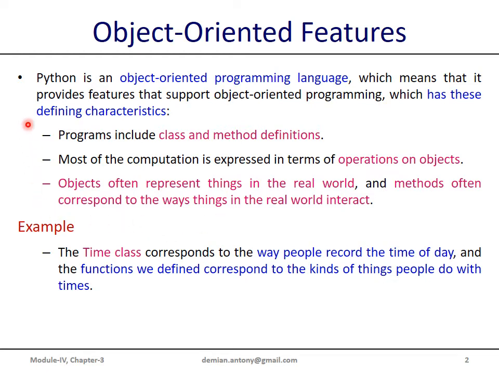As an example, to illustrate these three characteristics of object-oriented language, let us take up the time class, where class time corresponds to the way the people record the time of day, that is hours, minutes, and seconds. And the functions like add time or increment, which are defined, correspond to kinds of things that people do with these times.